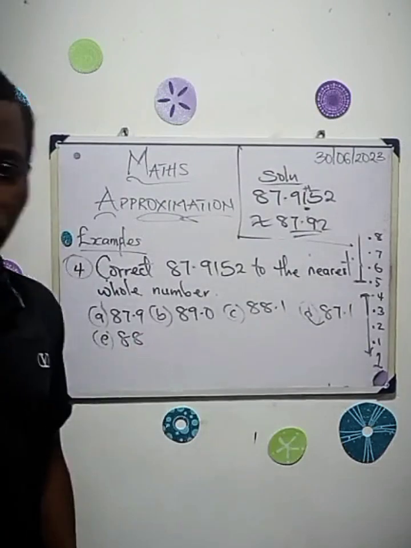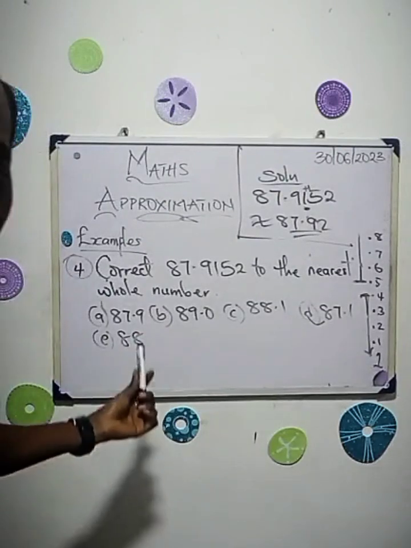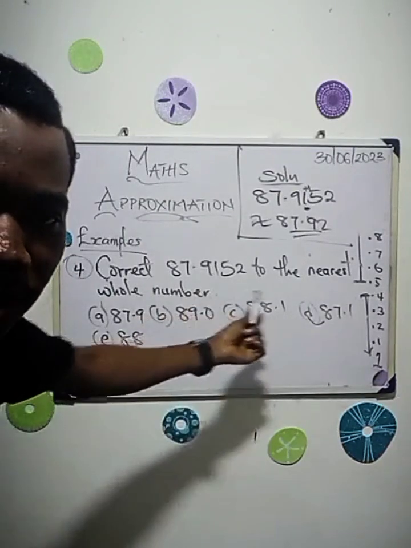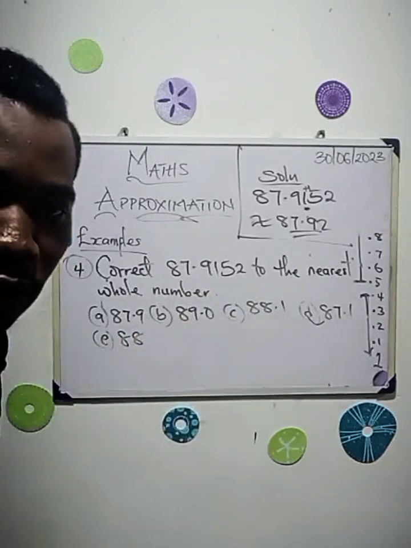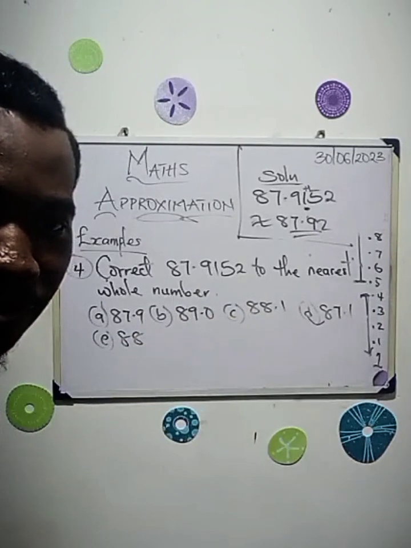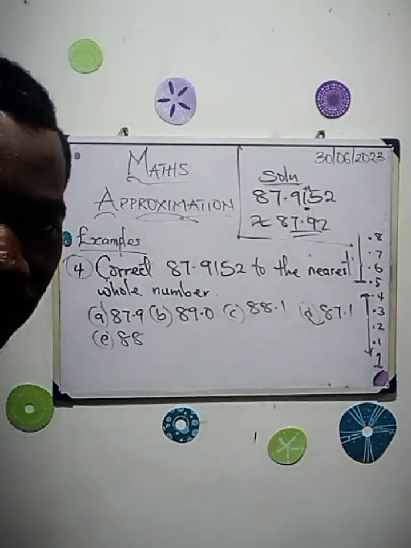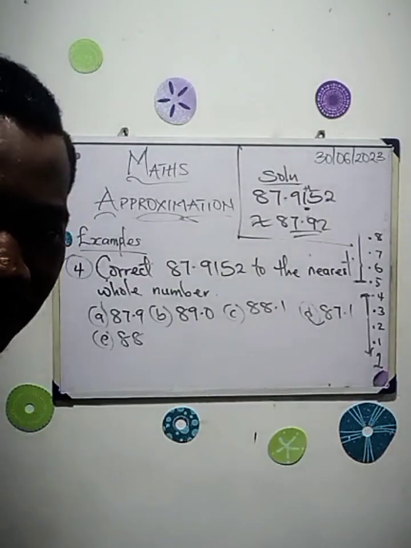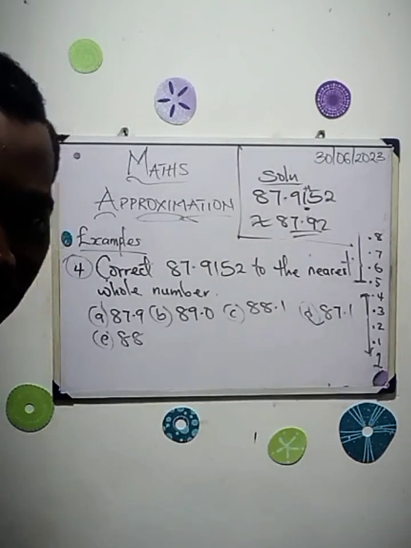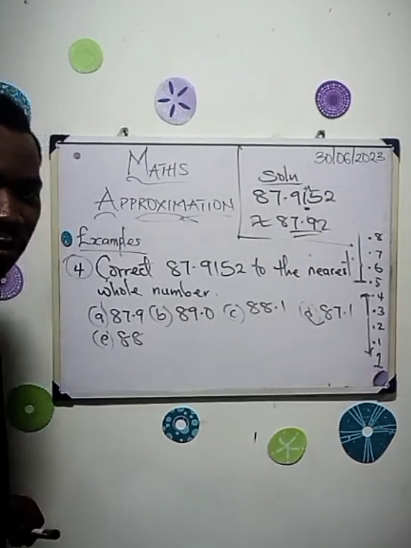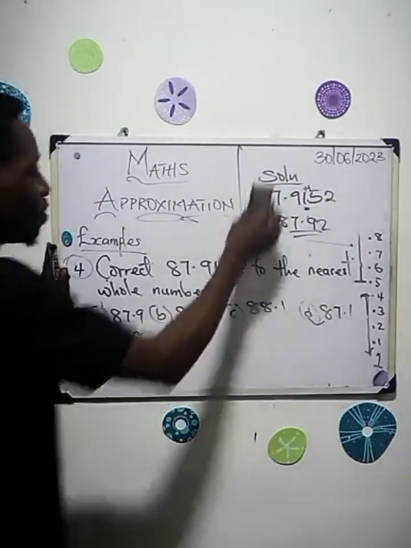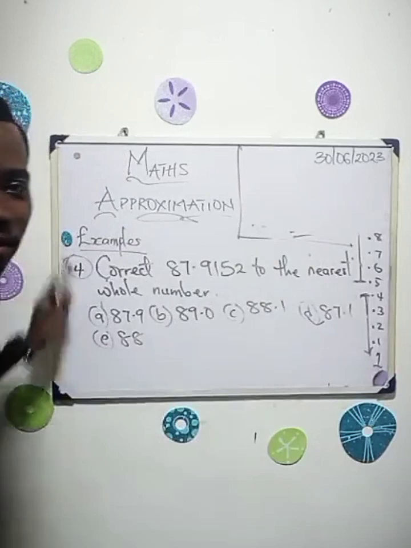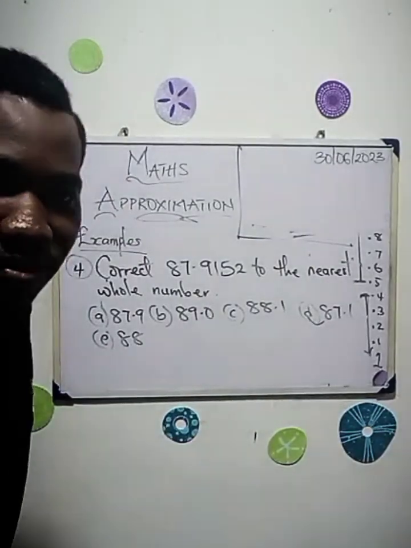Correct this number to the nearest whole number. We have these options. So what will be the correct one? A, 87.9; E, 88.